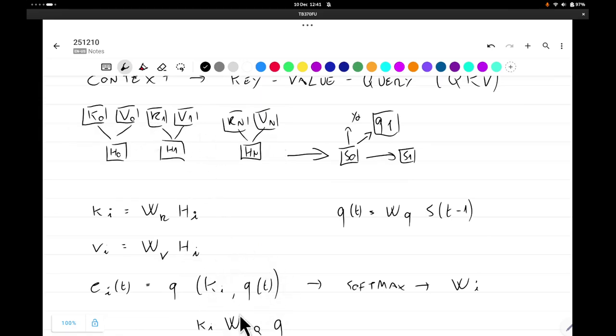So this one you could think as a scalar product that combines the relevant information from the state of the decoder with the relevant information in the state of the encoder.